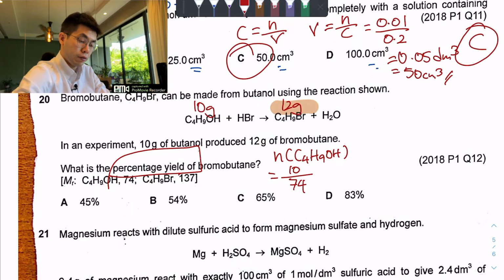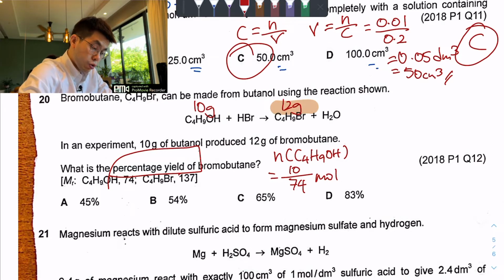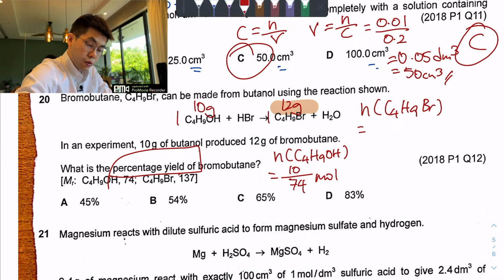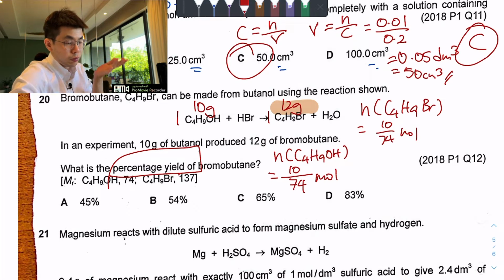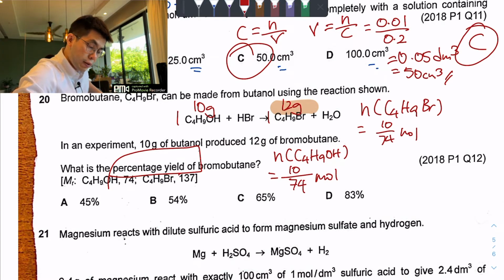I'm just going to leave it in fraction because this one is a multiple choice question. So the ratio is 1:1. So the number of moles of bromobutane is equals to 10 over 74. Again, I'm leaving it in fraction because this is a multiple choice question. No one's marking me for working.